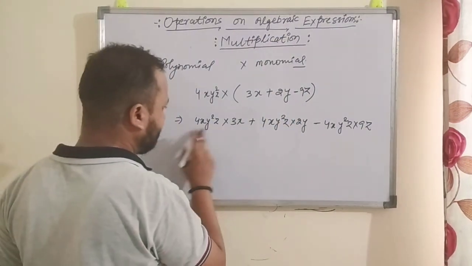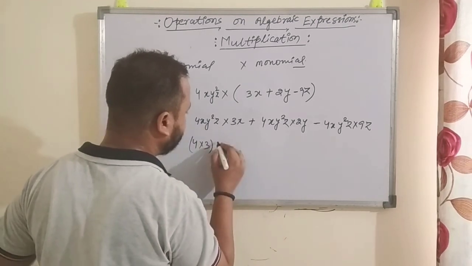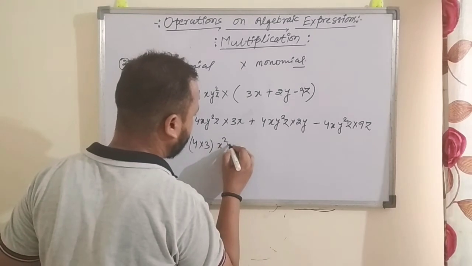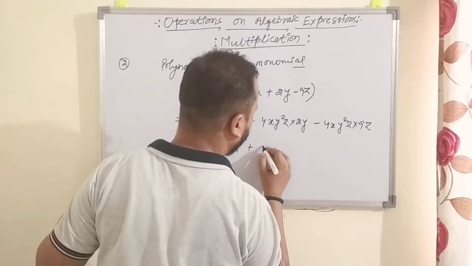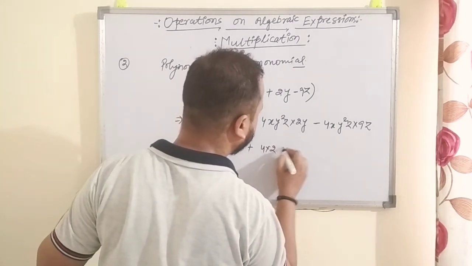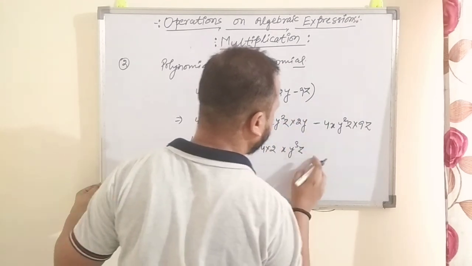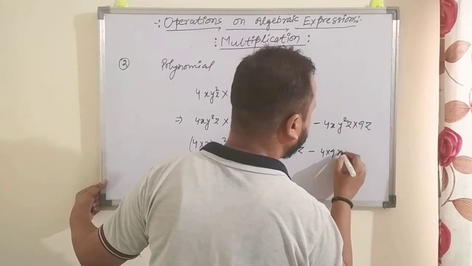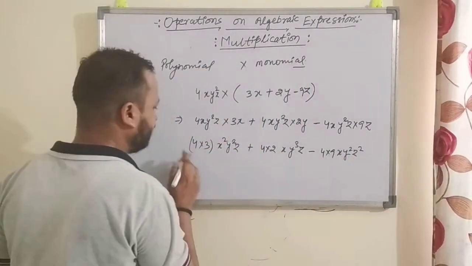So first multiply the numbers, 4 into 3, right? Then here the power is 1, here the power is 1, so x square y square z, plus 4 into 2 x y cube z, power 2 plus 1, right? And minus 4 into 9 x y square z square.